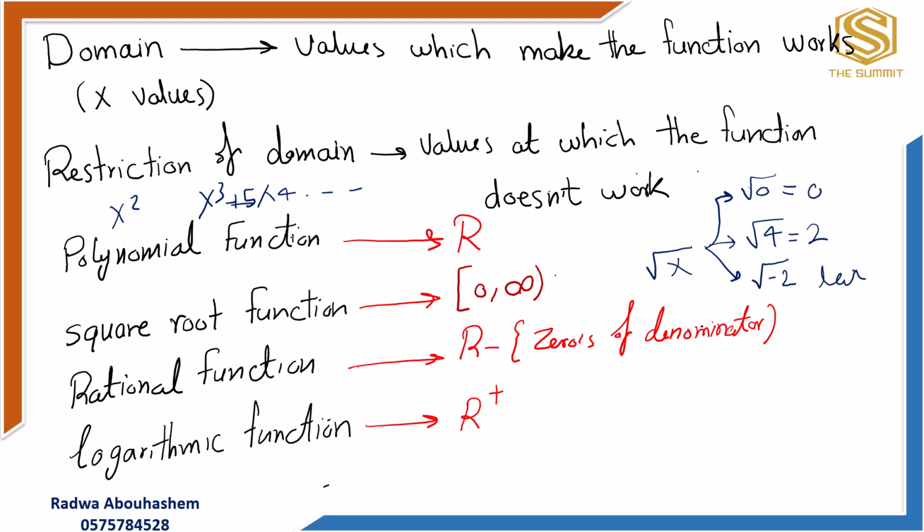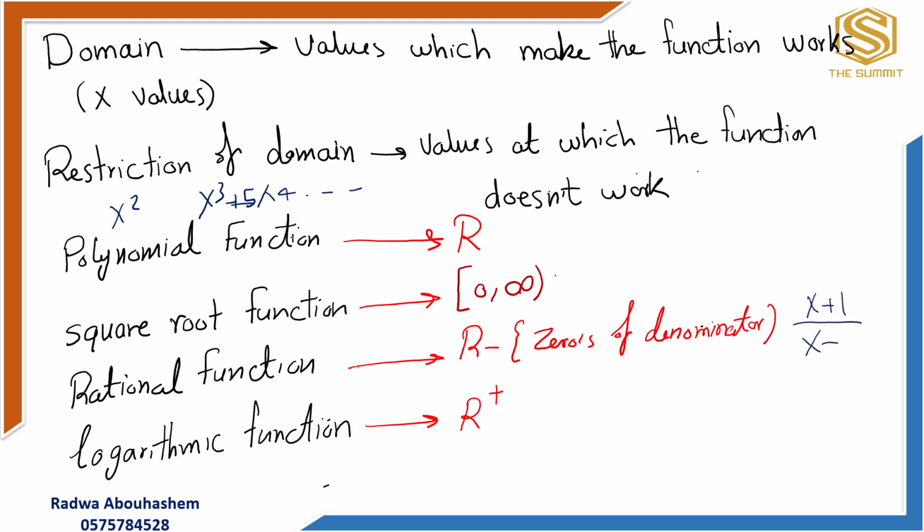Now, the rational function means that you have a fraction, numerator and denominator. So here, for example, I have x plus 1 over x minus 3. Of course, you know that 1 over 0 is a math error, meaningless, right? You cannot divide by 0.